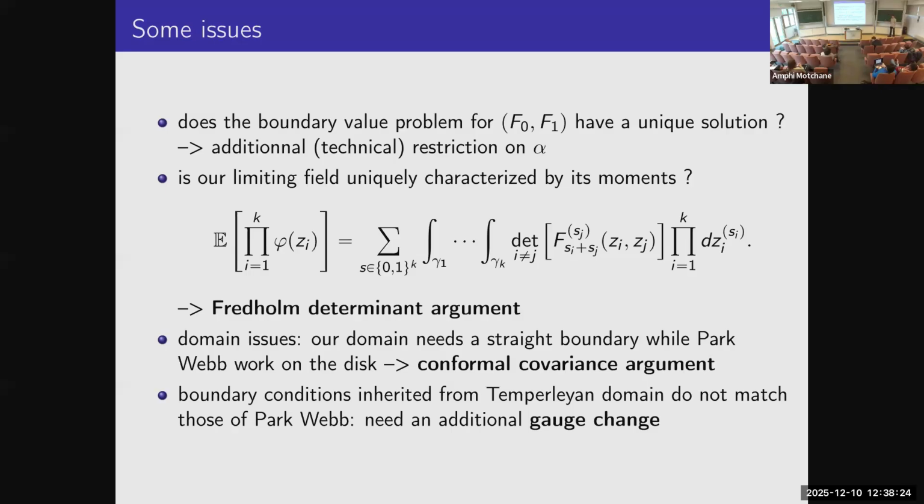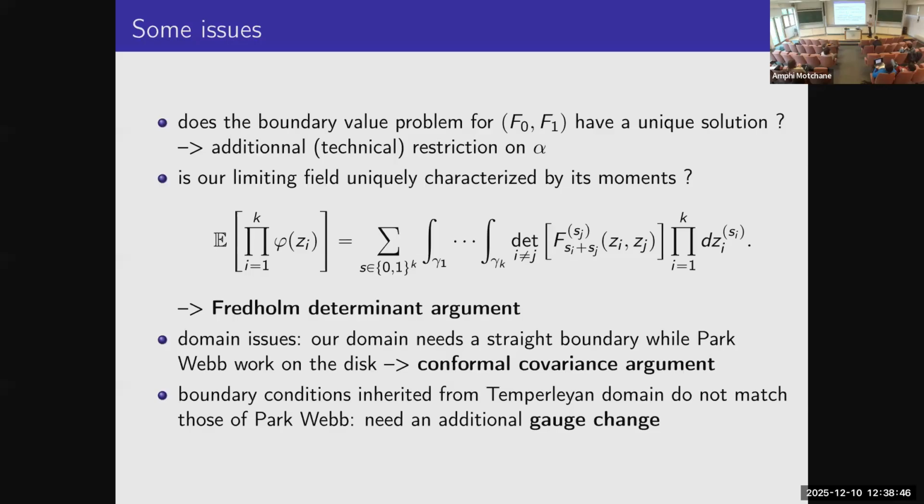So those two things are really not the same. The unit disk doesn't have a straight portion, but we can figure this out because we have a conformal covariance argument to move from one domain to another. So we are capable of saying that our results also hold for the disk.